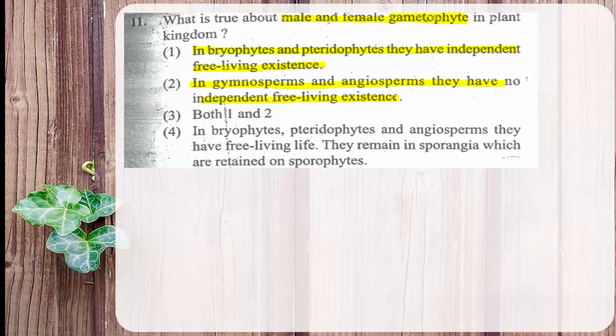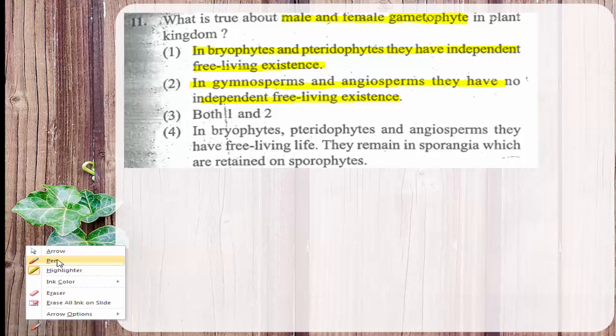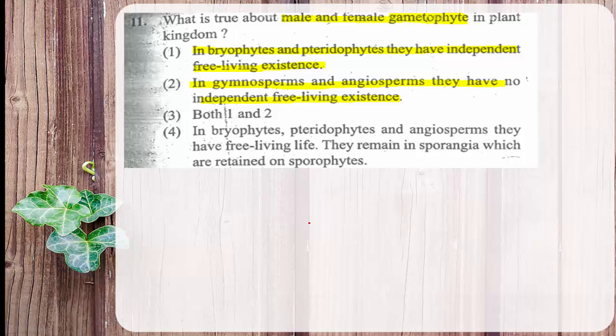They grow or remain attached to the sporophyte itself, whereas they have free living existence in bryophytes and pteridophytes. So both the statements regarding the gymnosperms and angiosperms as well as the bryophytes and pteridophytes, with reference to the male and female gametophyte, are correct.